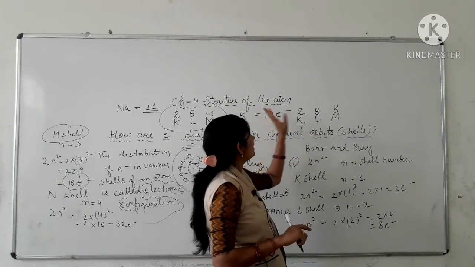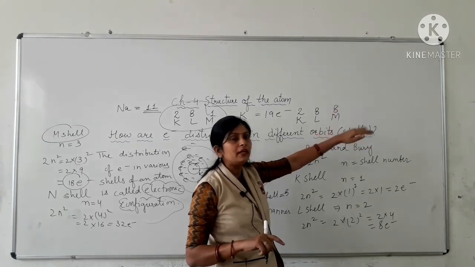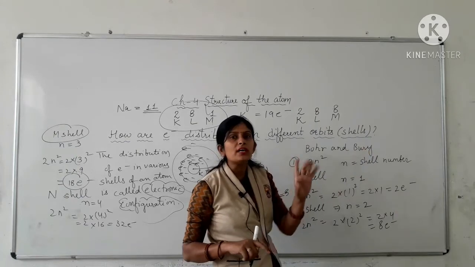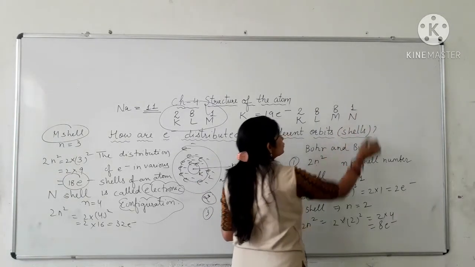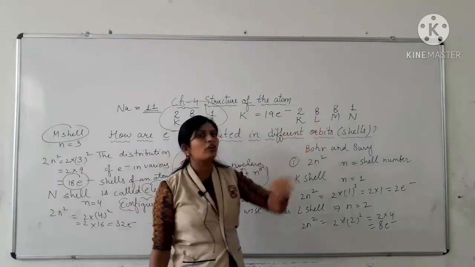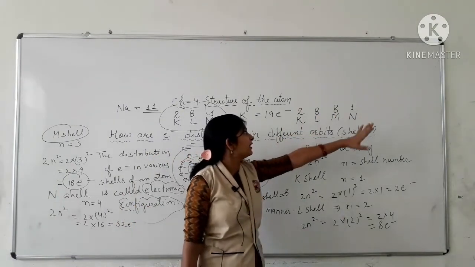Out of 19, 18 electrons are already filled in these 3 shells, K, L, M, and now 1 electron is remaining, that will come in the last shell. So this is the electronic configuration of potassium: 2, 8, 8, 1 in shells K, L, M, N.